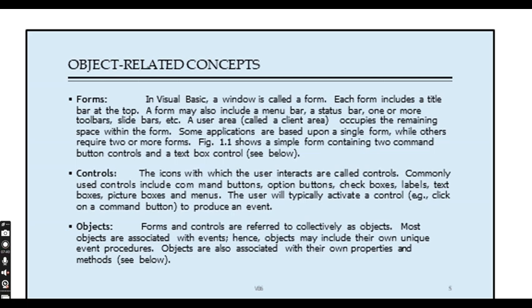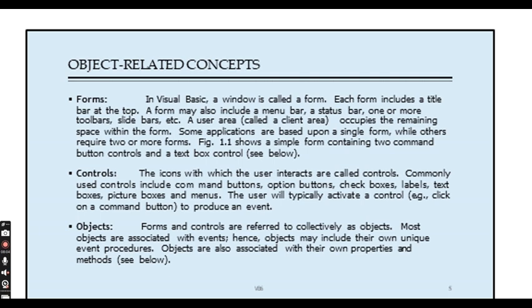They commonly include command buttons, option buttons, check boxes, and many more. Typically, you activate a control, and on clicking it, it will produce an event, just like I said earlier.